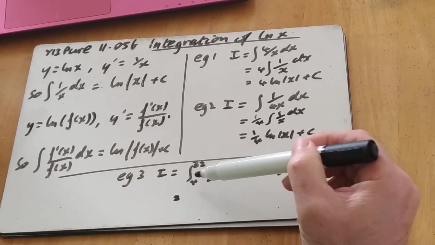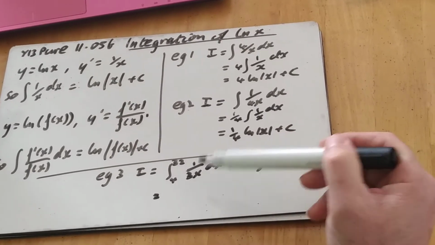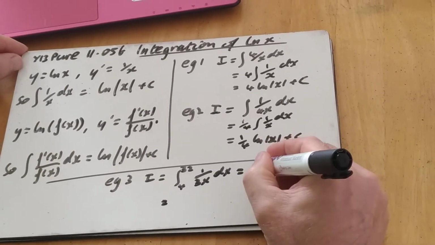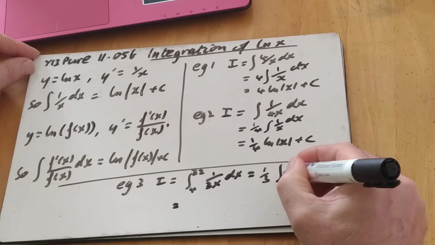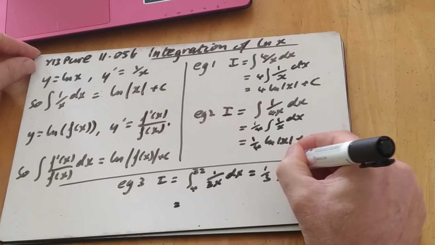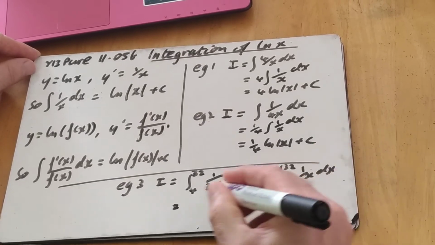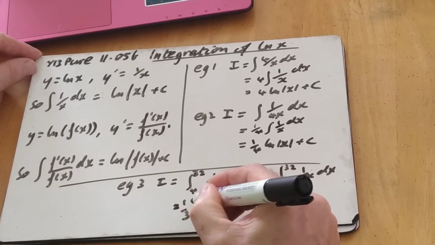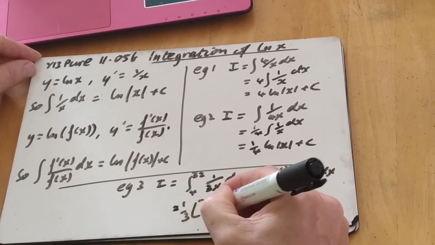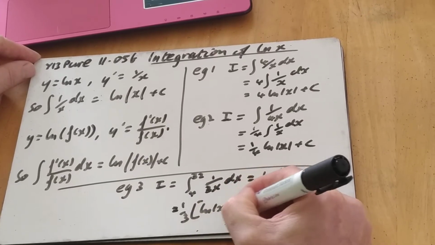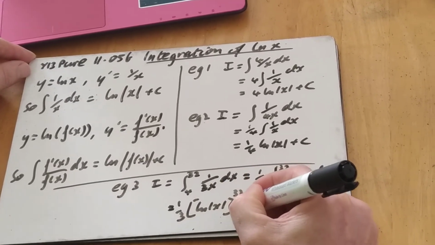And similarly, if I've got an integration to do with limits, 1 over 3x, I'd write 1 over 3 outside, I'll put my limits 4 and 32 there, and then 1 over x inside, dx. So I'd end up with a third, and mod x. I don't really need the mods because I've got positive numbers, 32 and 4.